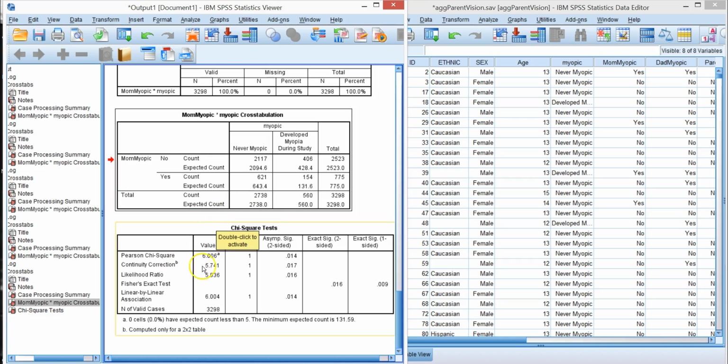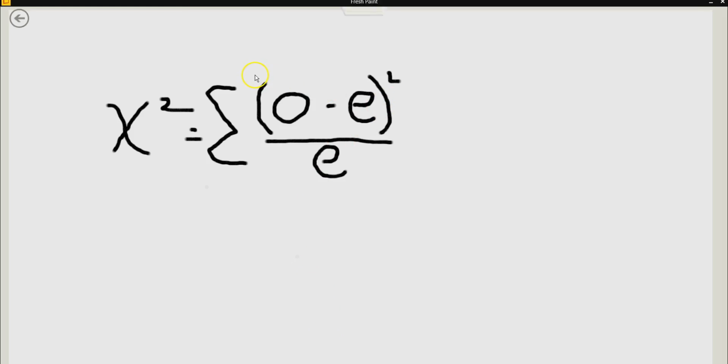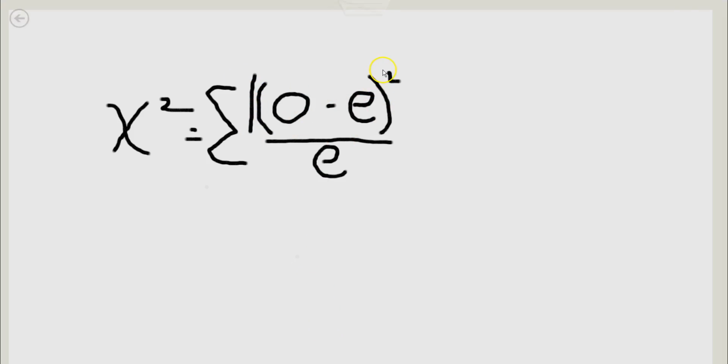Actually, a lot of times the continuity correction is used when you have a 2x2 table rather than reporting the full chi-squared. That's simply looking at our formula and taking the absolute value here, and subtracting 0.5, and squaring this whole thing.